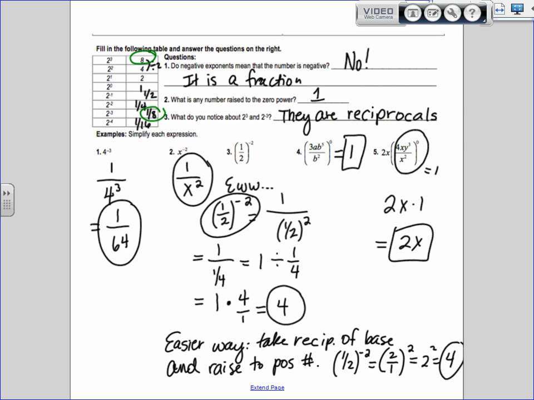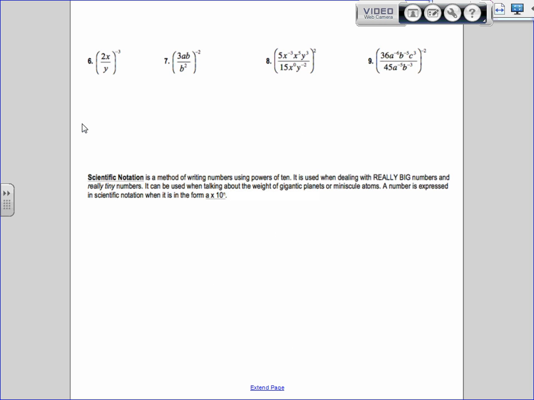All right. See if we're up for the challenge. We got some harder stuff. All right, 2x over y raised to the negative 3. Be smart. Don't make it harder than it really is. Flip the base, right? So if we flip the base, then we can raise it to the positive 3.